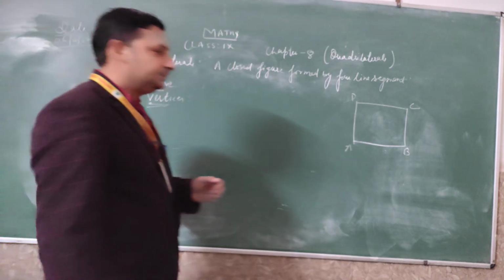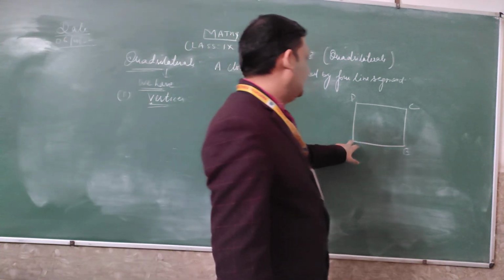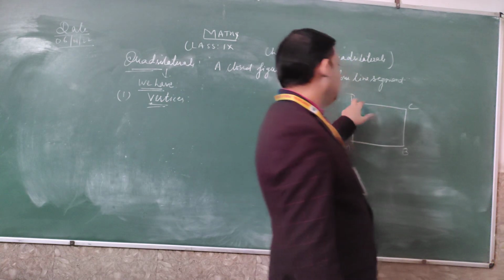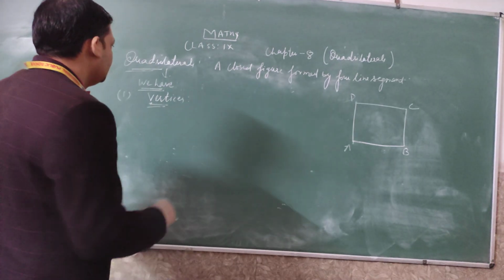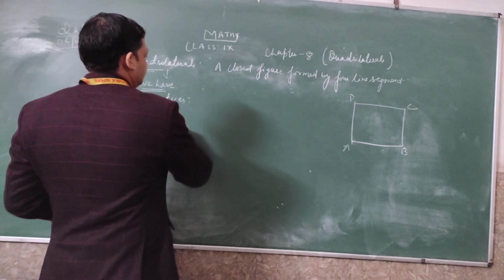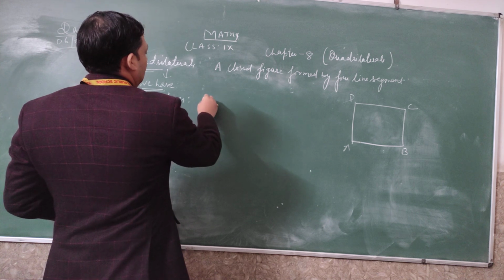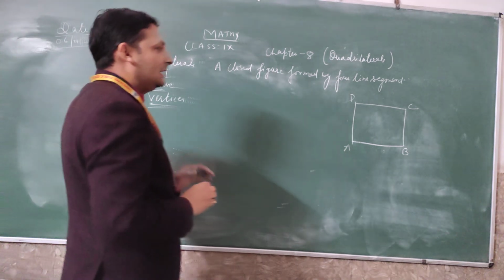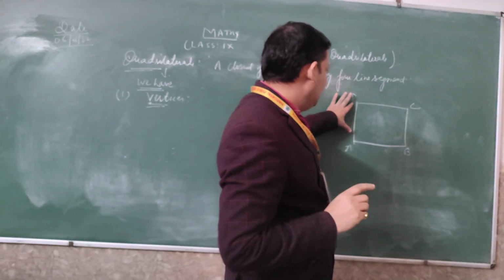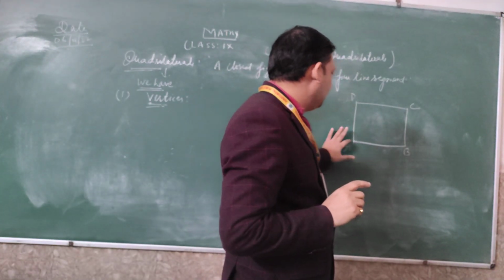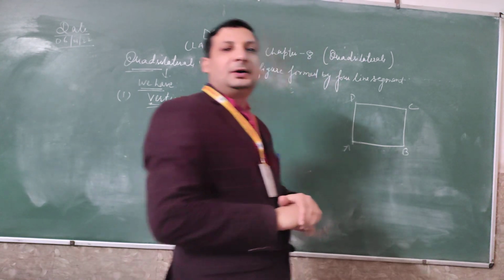See here, point A, point B, point C, point D are called vertices. In simple words, a vertex is where 2 lines meet. Line AD and AB meet at point A, and that is called a vertex.